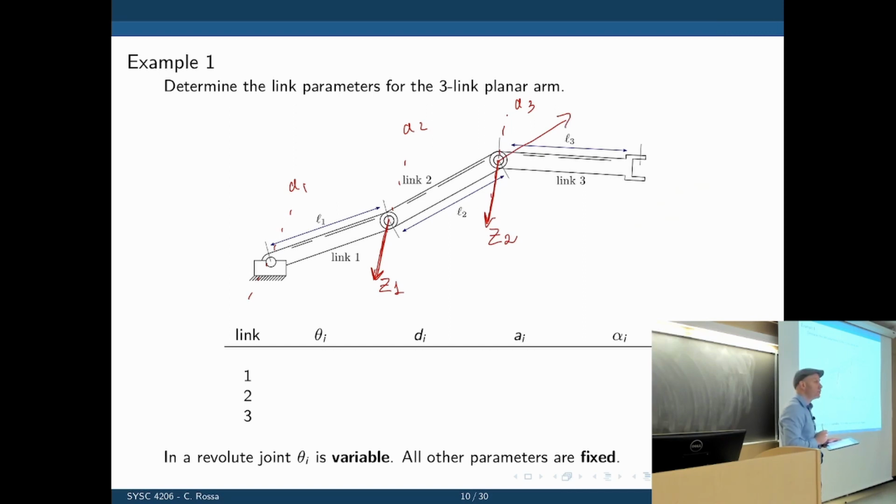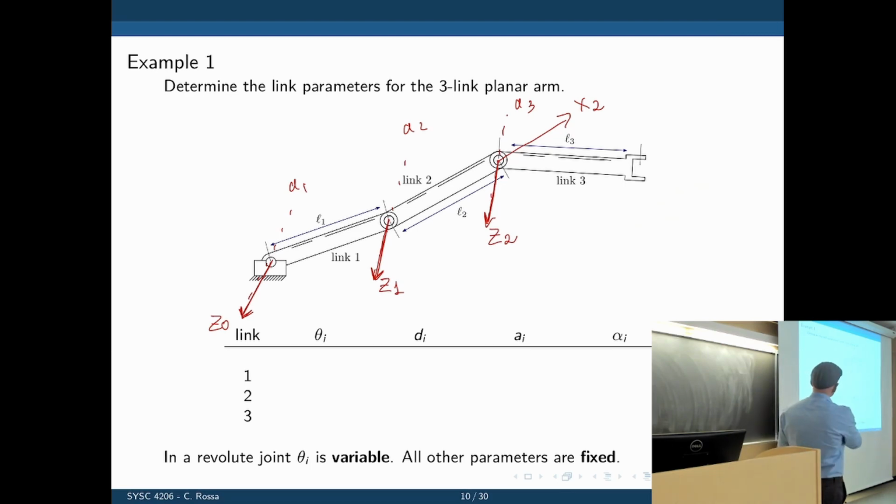This is X2, and X2 goes along link 2. We can go all the way to the base here. Because our z-axes are coming out, we can assign our reference Z, Z0, at the base of the robot. We're going to be measuring everything with respect to that.